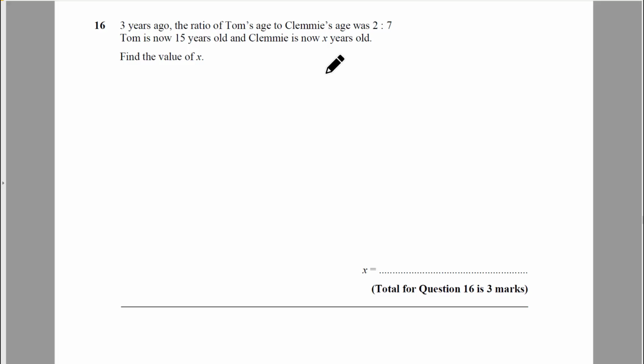Right, this is ratio with some problem solving, and there's multiple ways to do this. This is the way through trial and error. As Tom is now 15 years old and Clem is now x years old, find the value of x. So 3 years ago, the ratio of Tom's age to Clem's age was 2 to 7.